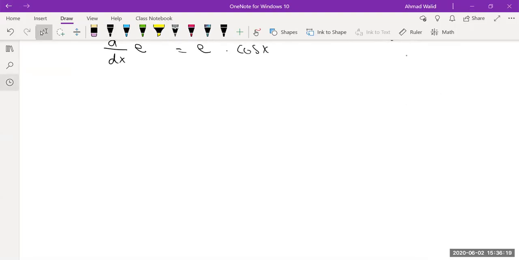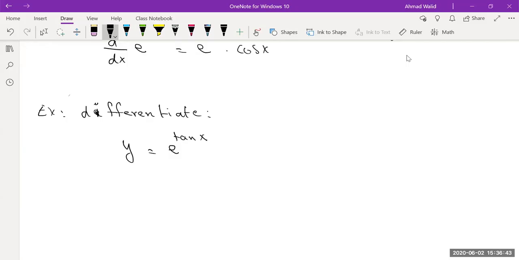Let me do another example. For example, they're asking you to differentiate y equals e to the power of tan x.